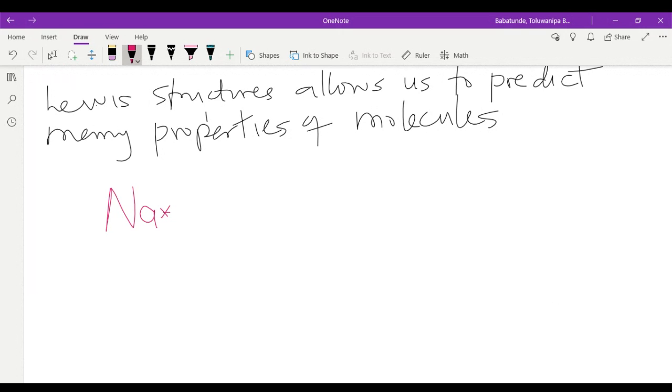If you want to draw the Lewis structure for calcium, the core electrons are represented by Ca. Calcium has 2 valence electrons, it is in group 2, so we represent it with 2 dots. This is 1, and this is 2.